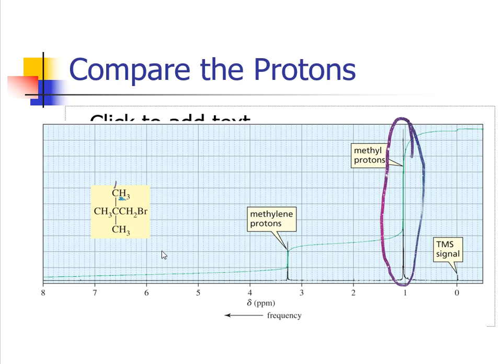This particular carbon has 2 hydrogens. So those 2 hydrogens, there's not as many as 3. Because of that, the exposure is a little bit more, and that signal is going to be more downfield as compared to the first one.